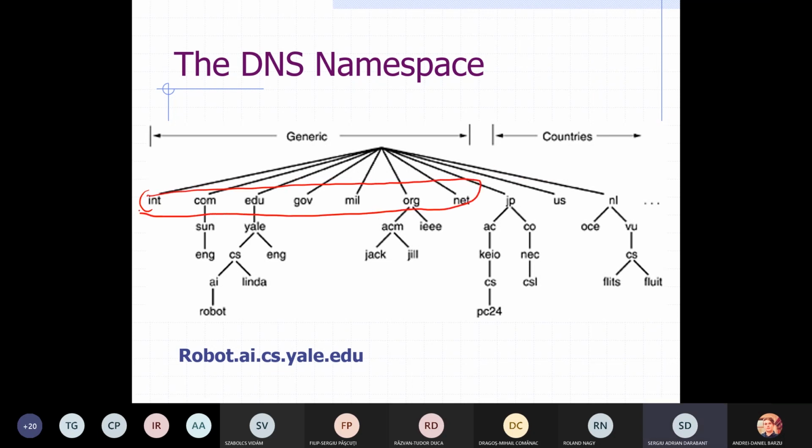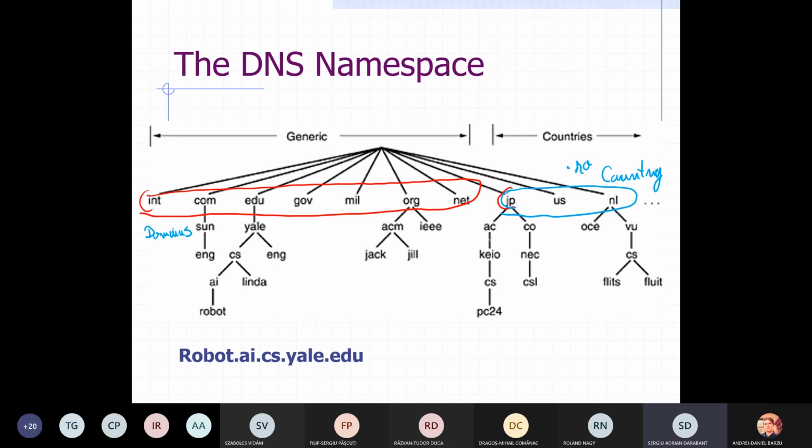And we have then country based domains. Each country has a top level domain. For us, it's .ro, and these are the top level domains. Then as we go down, we have domains here.